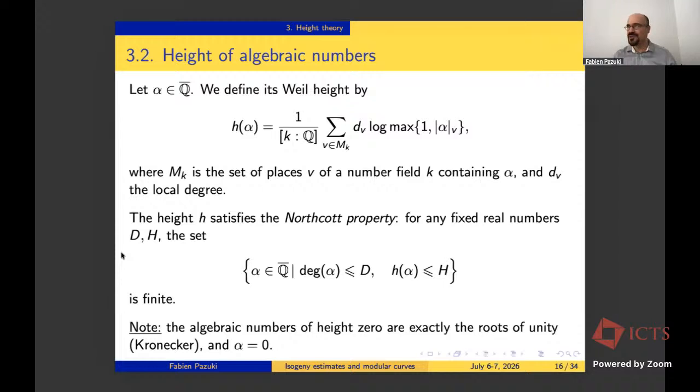In the end, the genus will be psi of n over 12, I mean, 1 plus psi of n over 12, plus some smaller terms. So yes, absolutely.